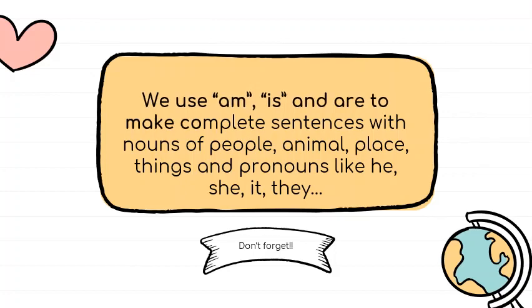We use am, is, and are to make complete sentences with nouns of people, animal, place, things, and pronouns like he, she, it, and they. Don't forget this because we're going to talk about it now.